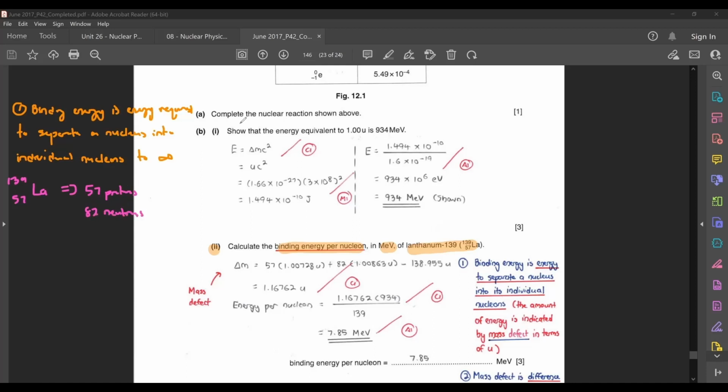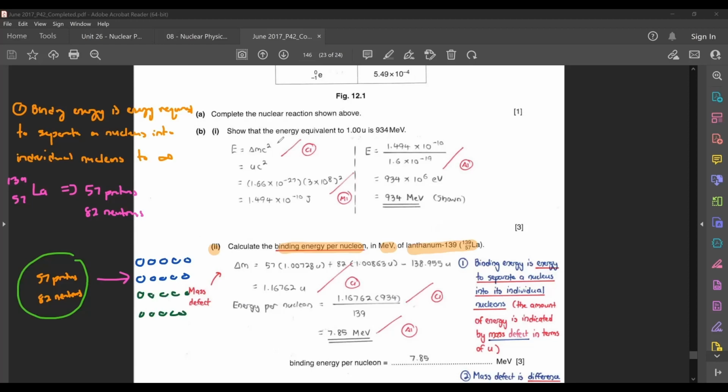Okay, so you're talking about the nucleus itself. You have 57 protons and 82 neutrons here. So you want to separate it into the individual nucleons. So you can probably think of it as this: 1, 2, 3, 4, 5, 6, 7, 8, 9, 10. And then this one also something similar.